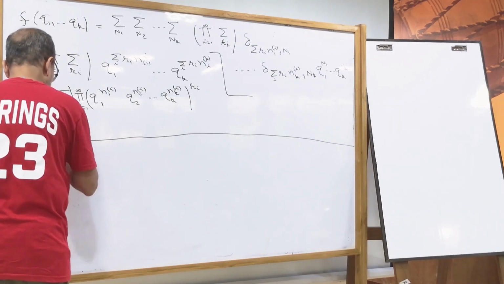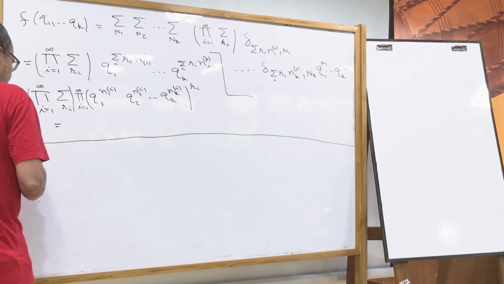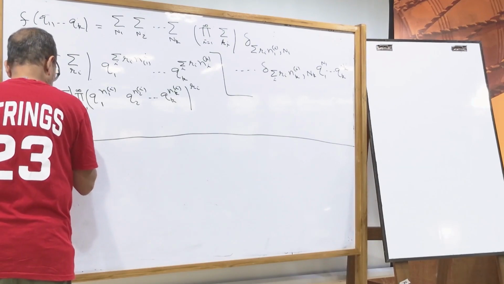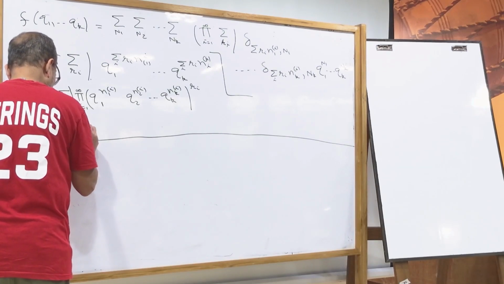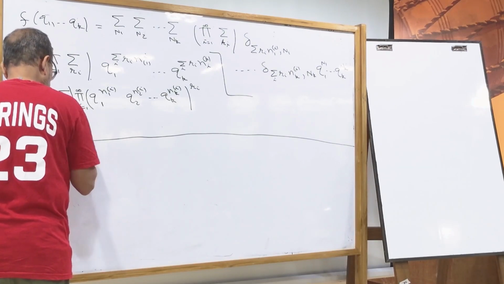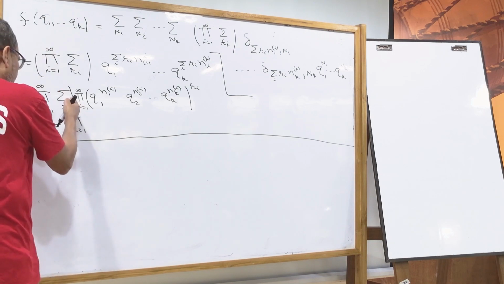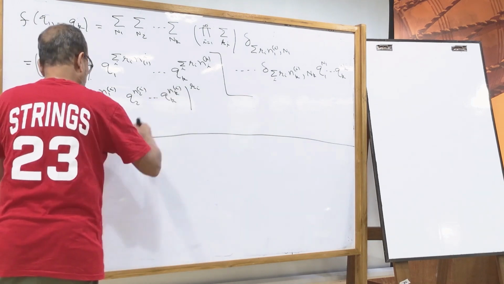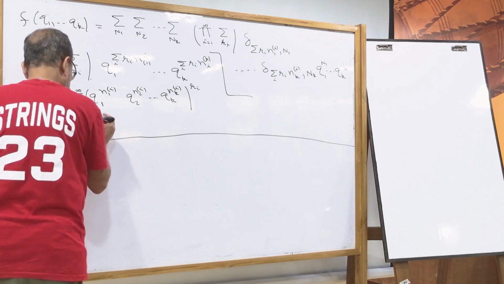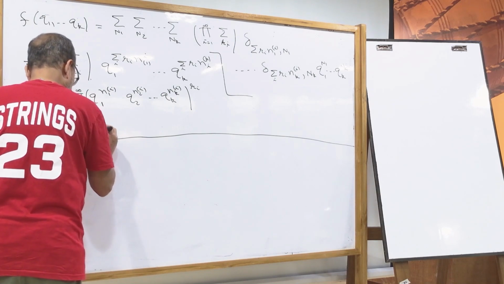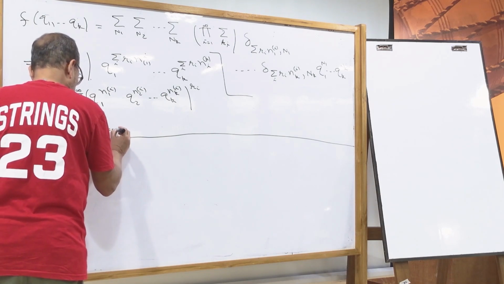So in one more step, I can just rewrite this as a product over I equal to 1 to infinity. See, here there's a separate product over the sums and then a separate product over the summand, but now I can write it as a single product, sum over Ri equal to 0 to infinity.